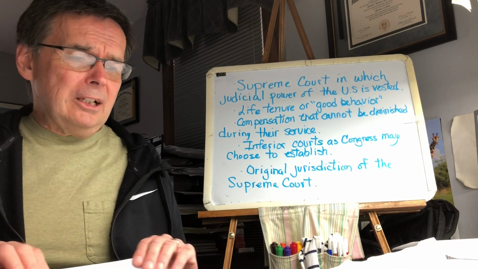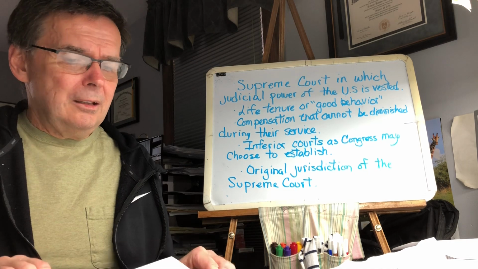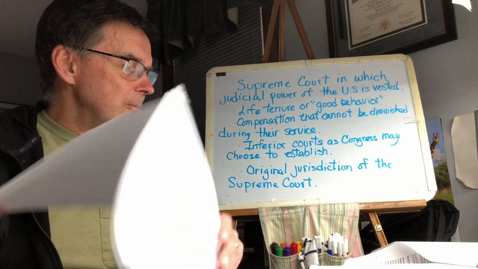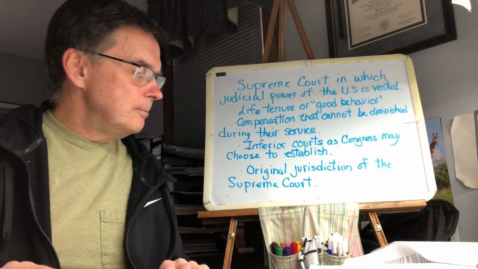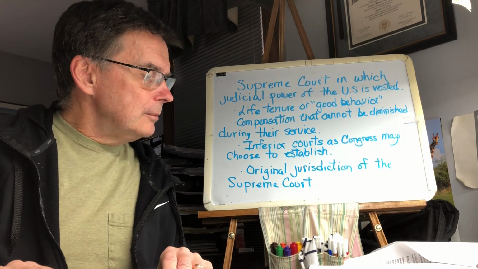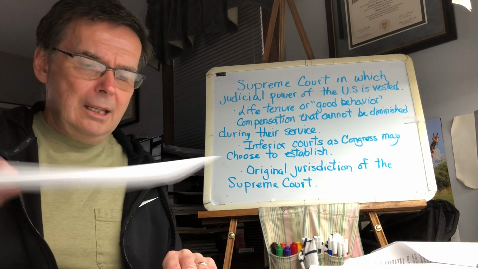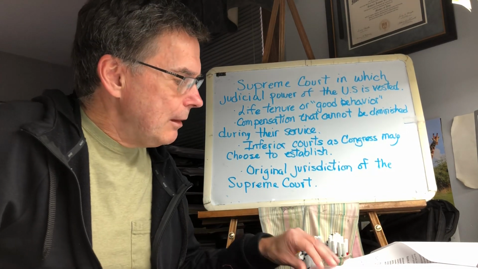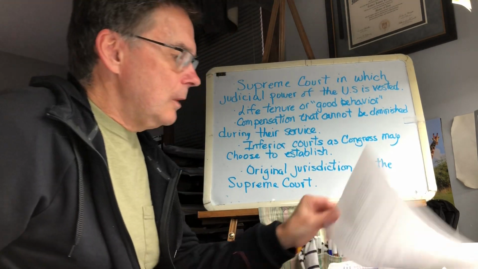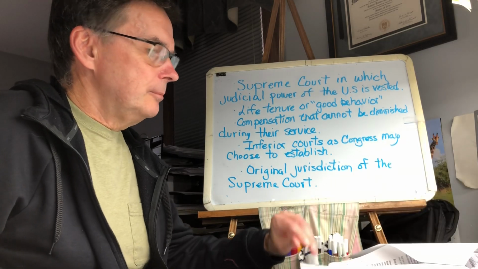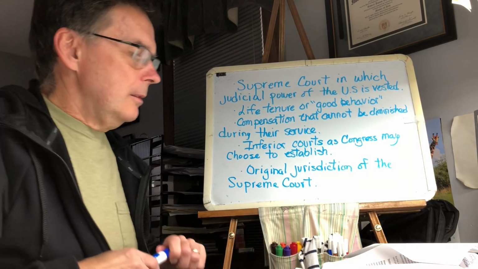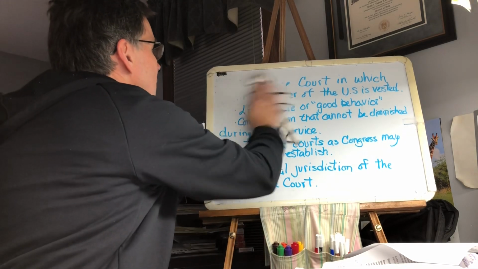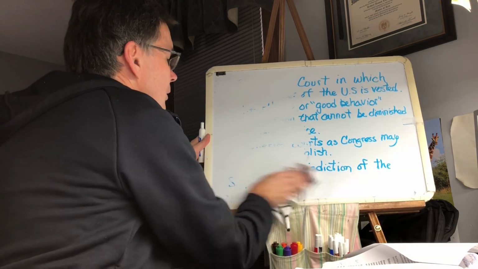Let's take a look at the American legal system. The American legal system is a dual system. Let's break this down and go to the whiteboard.